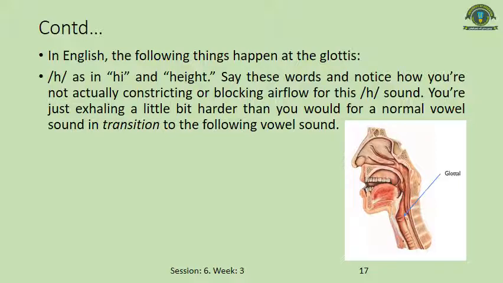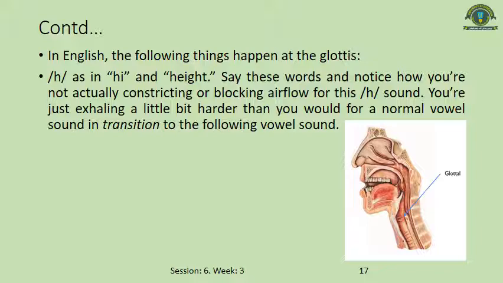Before I change the slide, I was talking about the same thing in the previous slide, that there is only one glottal sound. Now, in English, the following things happen at the glottis. The sound is h, as in high and height. High.